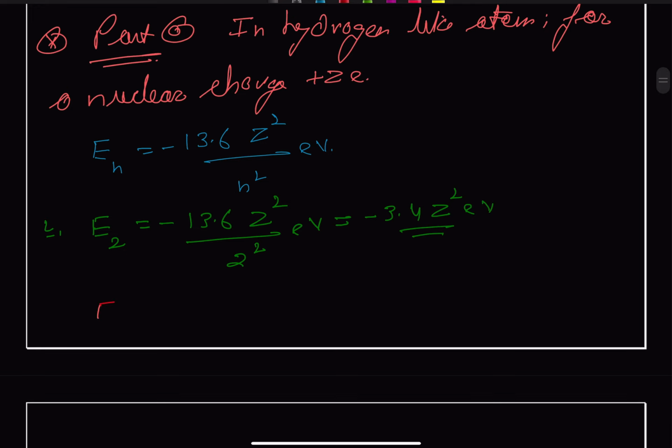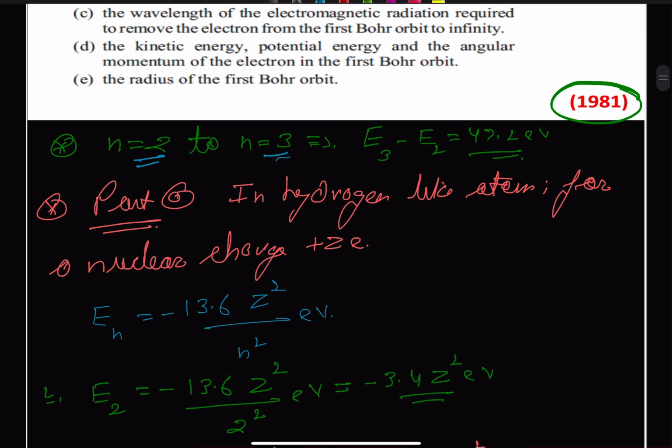Similarly, for the third orbit, this will be minus 13.6 Z square by 3 square electron volt, which comes as minus 1.51 Z square electron volt. And the difference between the two, E3 minus E2, is already given to us.